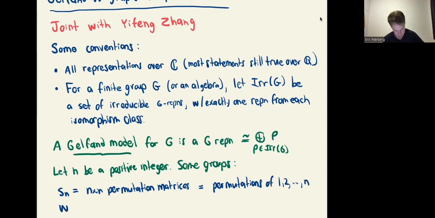And then also I want to have some notation to refer to these other classical Weyl groups. So WNB will just be the n by n signed permutation matrices.